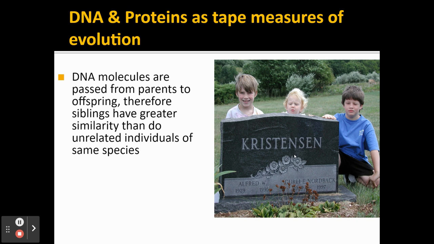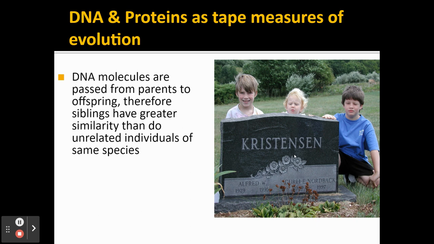So these are my 3 kids quite a while back, and that's the gravesite of both my parents, who died relatively young. And this is actually across the street from where I grew up. And there's a graveyard, and it's a real pretty little graveyard surrounded by cow pastures and whatnot. But my genes were passed from both my mom and dad.